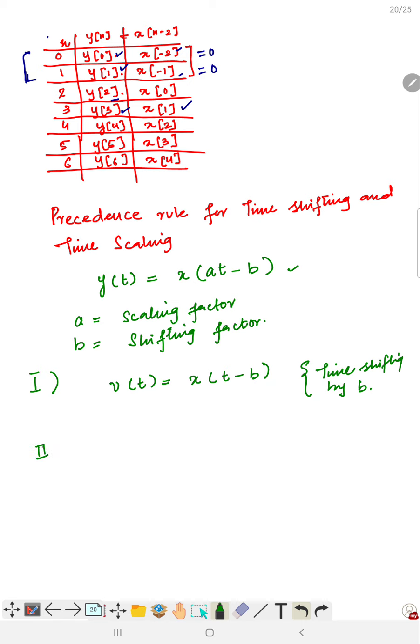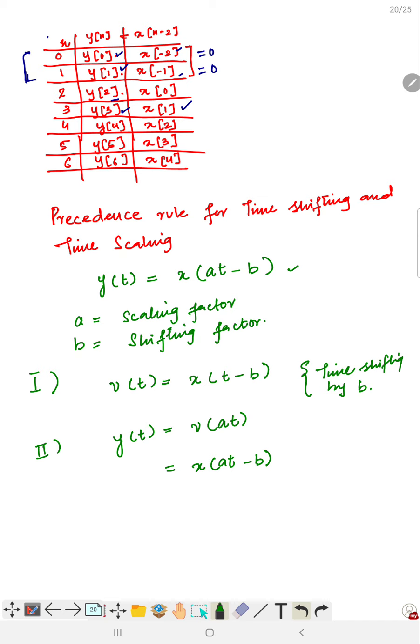So the second step is y of t equals v of at, which essentially means x of at minus b, because scaling and shifting only apply to the time variable, the independent variable. So this is the correct order.